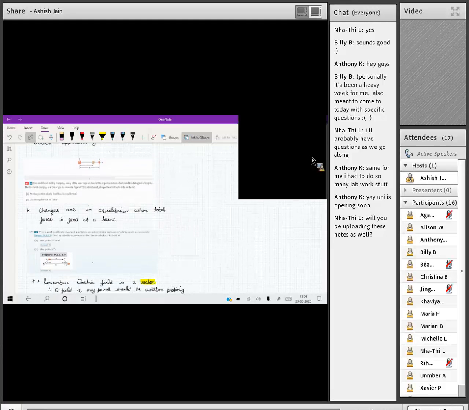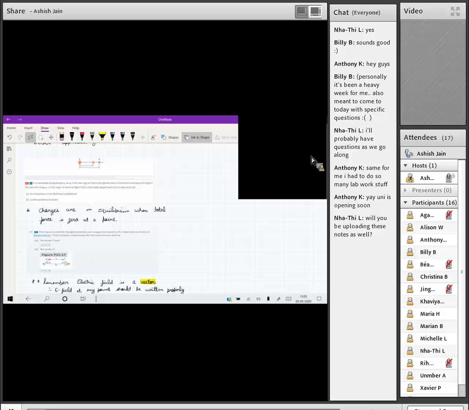Moving on to the next question. We solved one about 2 small beads, Q1 and Q2, fixed on a horizontal insulating rod of length L. The bead with charge Q1 is at the origin as shown in the figure, and another bead Q2 is at distance d from Q1.